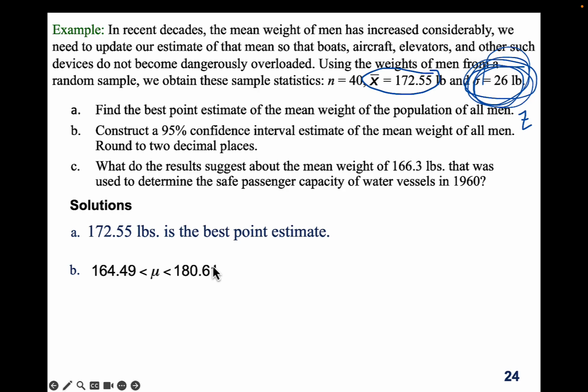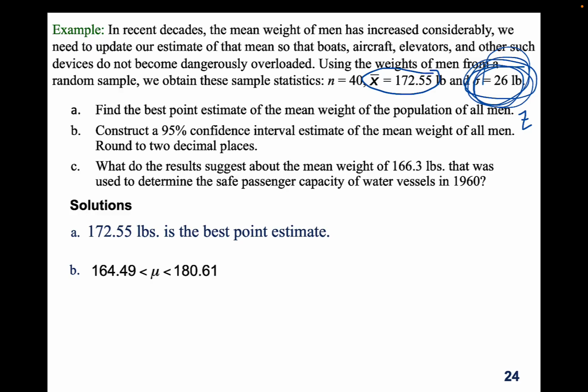So it is with 95% confidence that we believe the true population mean could be in this interval, which contains 166.3. However, this new mean weight that we found, 172.66, is 6 pounds more than what it was in 1960 based on this sample of 40.